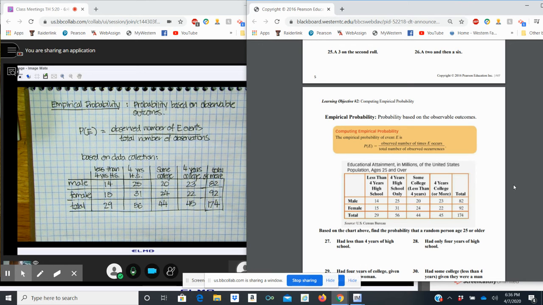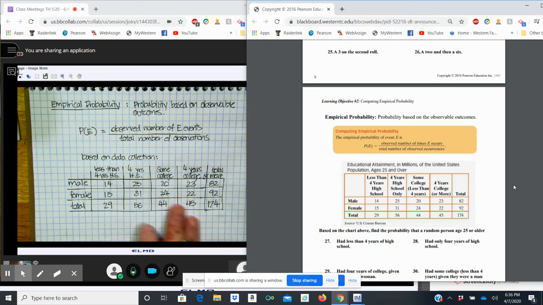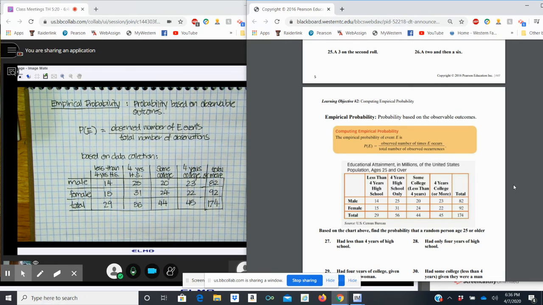Okay, so we're now going to use this data as empirical probability. We're going to take this data set and figure out the probability for this particular population.